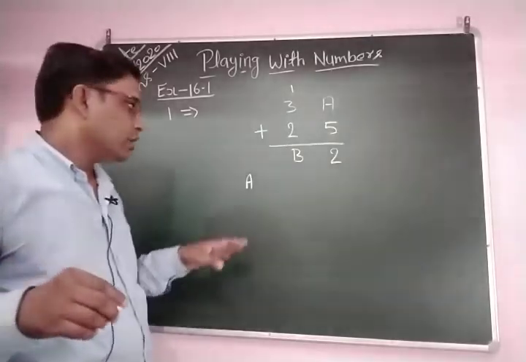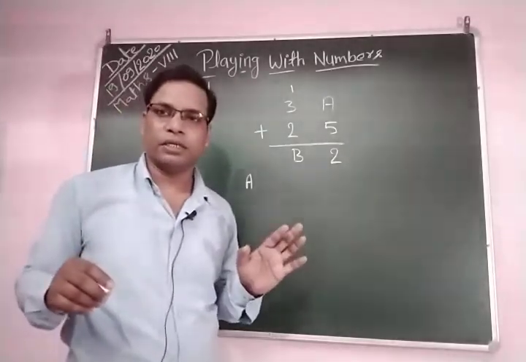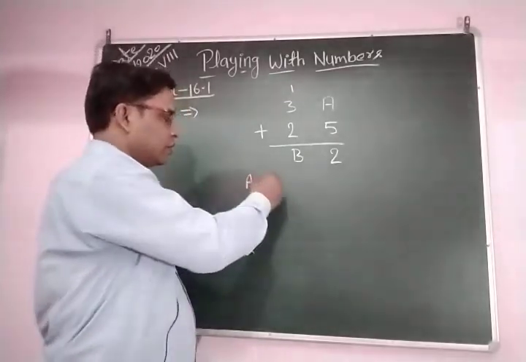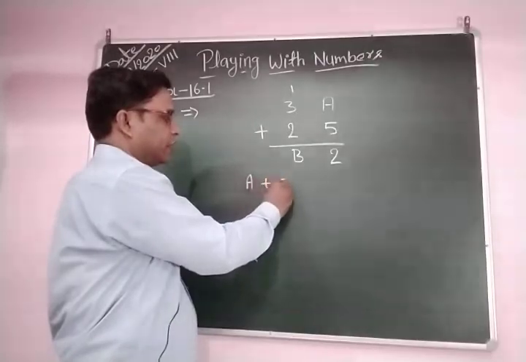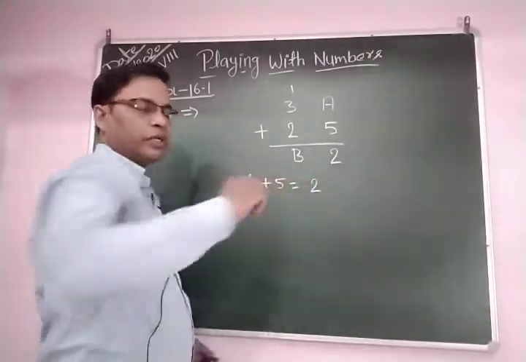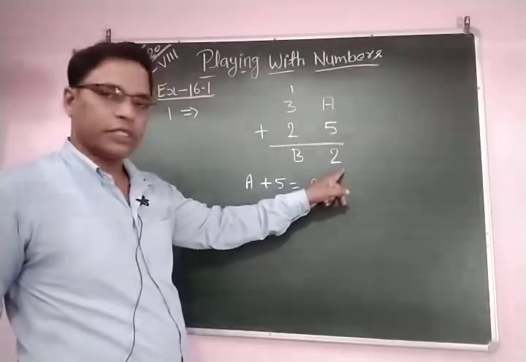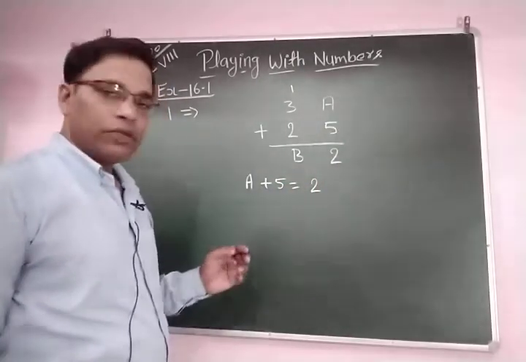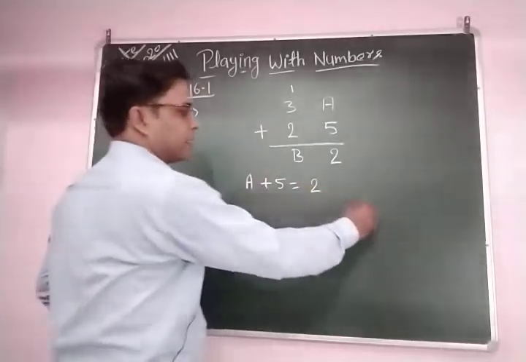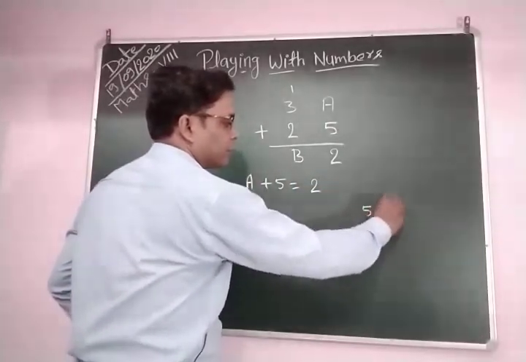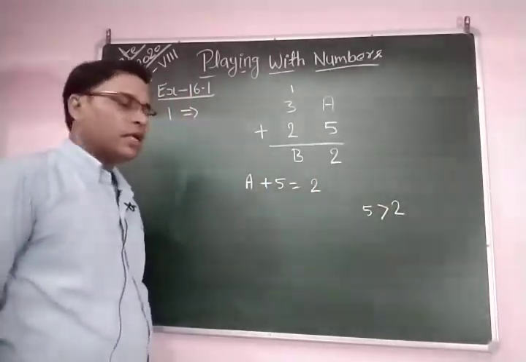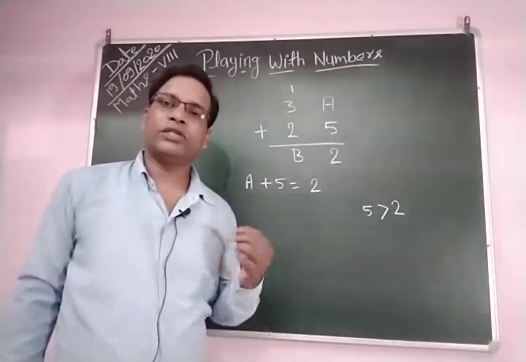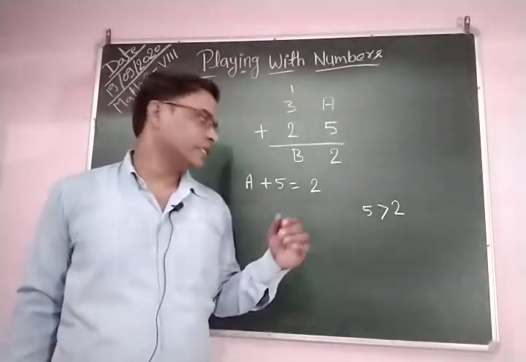So the maximum value of a is 9 and the minimum value of a is 0. Now 5 is greater than 2, and if you add any digit to 5, the result is 5 or greater than 5. This is not equal to 2.